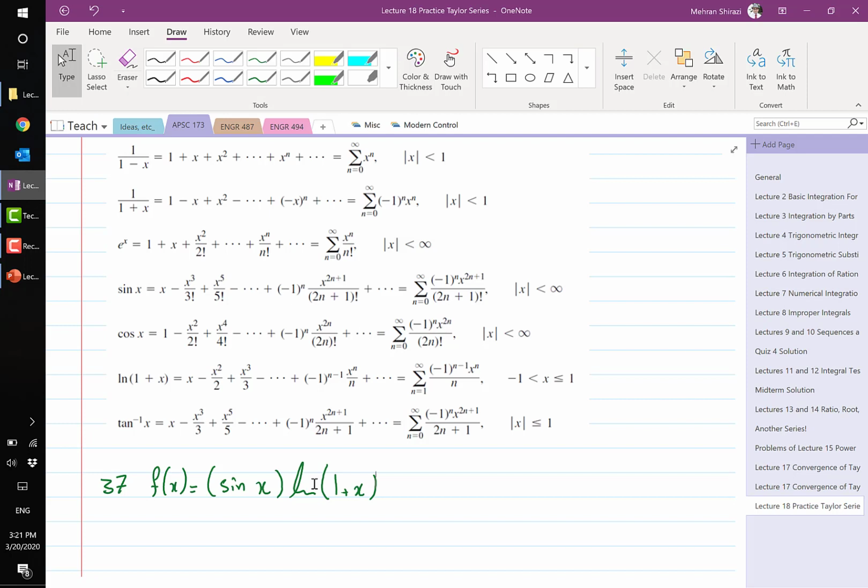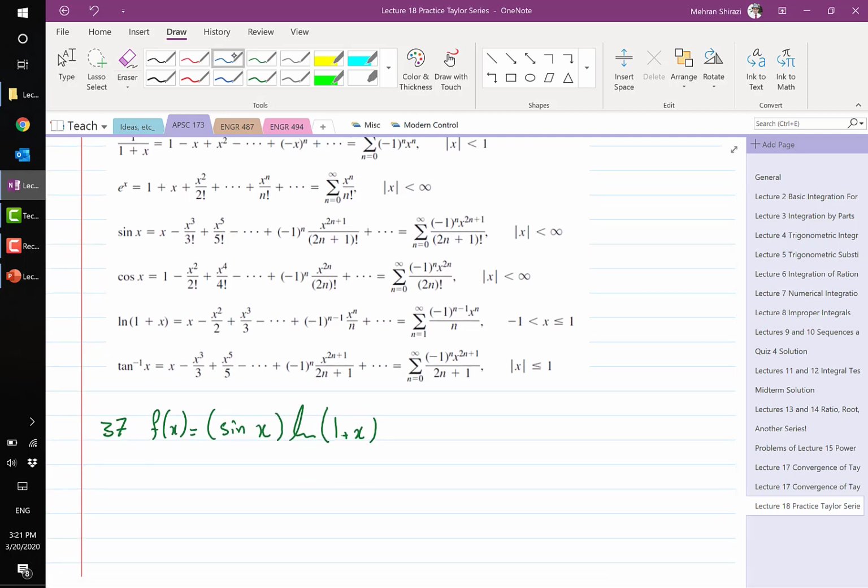As I said, I'm going to discuss this in more detail, but now since I'm just using the Maclaurin series given above, it's very simple.